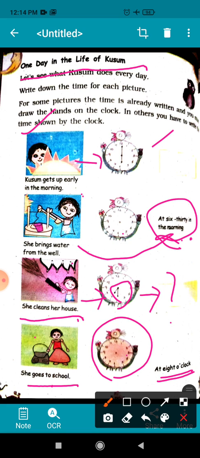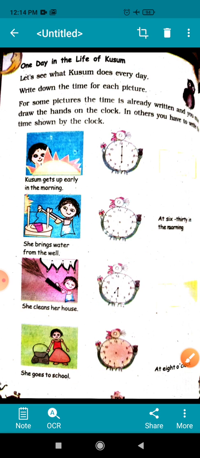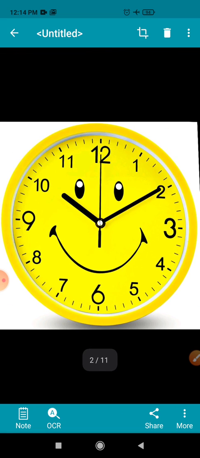So children, we should know how to read the time on a clock. Today we will learn about the clock, how to see time in a clock and how we can read time. Okay, so let us start.